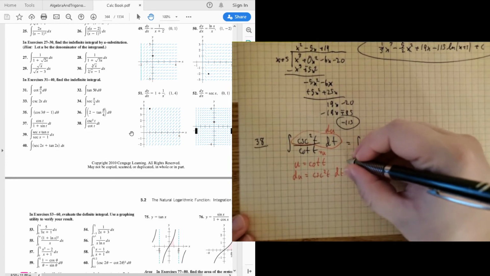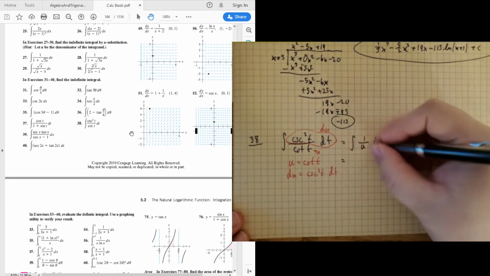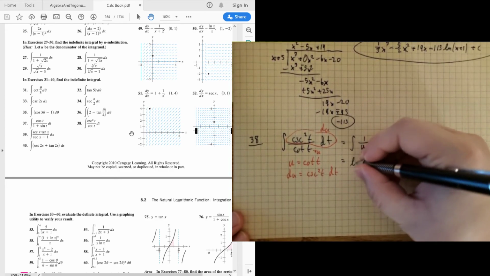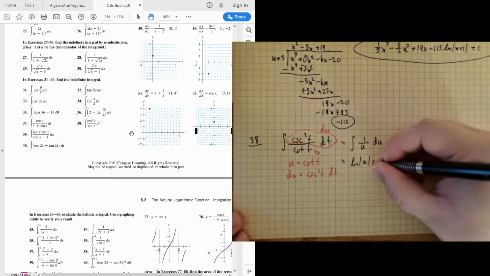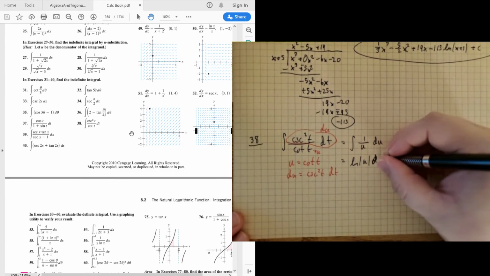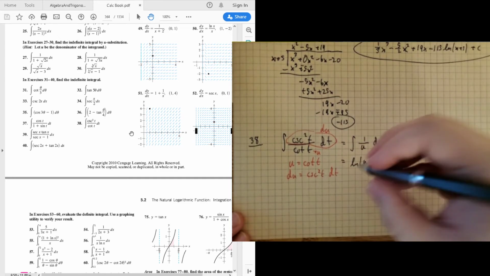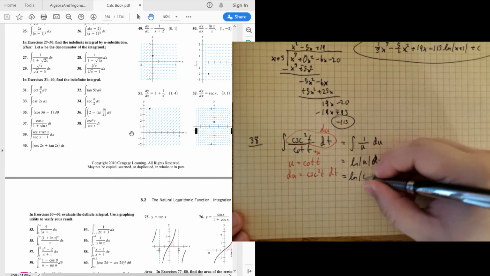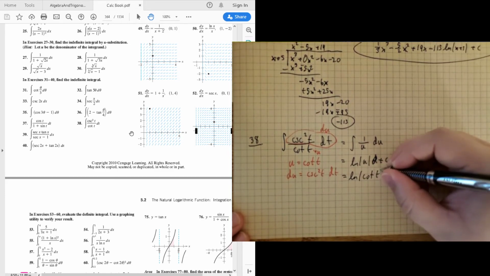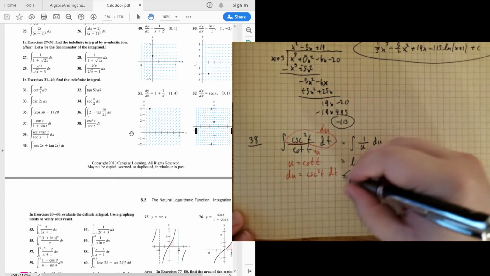From here, I can use my basic integration rules. Using theorem 5.5, I would get the natural log of the absolute value of u plus c. And then I know that u is cotangent of t, so this is the natural log of the absolute value of cotangent of t plus c.